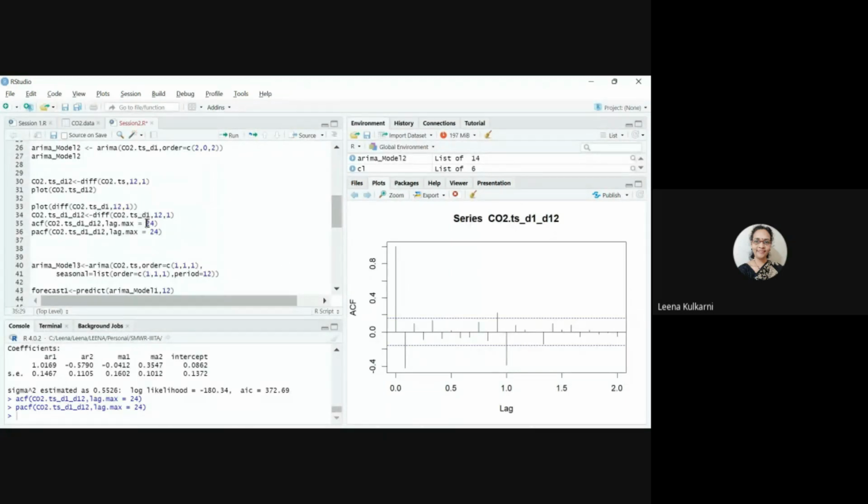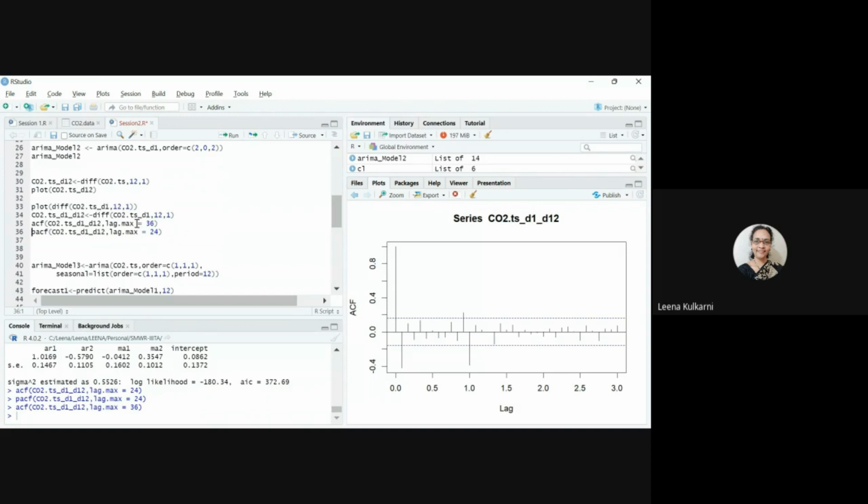Here I have asked for lags till 24, but if we want to see whether there is still dependence on previous values, you may have to go ahead with 36 lags of the ACF. But we see that all the values of the ACF beyond 12 are not significant. So this indicates that the seasonal dependence, the P value, could be on one previous value.